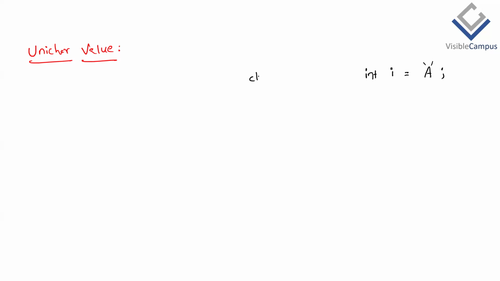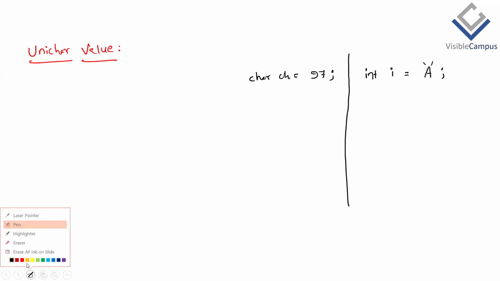Similarly, if we use char ch equals 97, is this correct? It is an integer, but we are storing it into a character. Possible or not possible? But both are correct. This is correct. This is also correct.